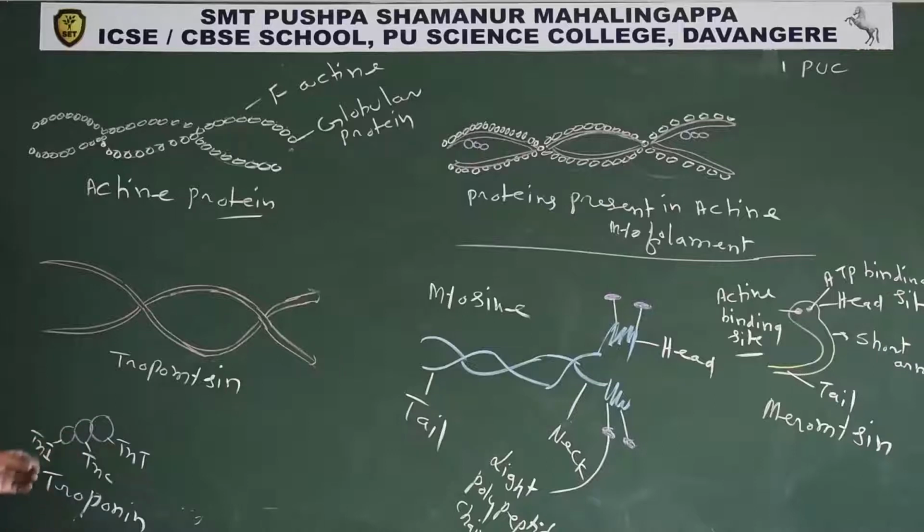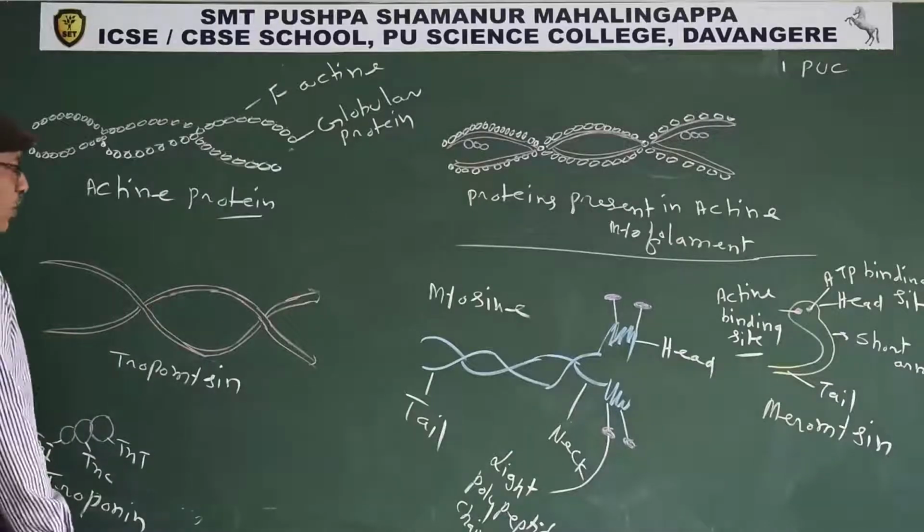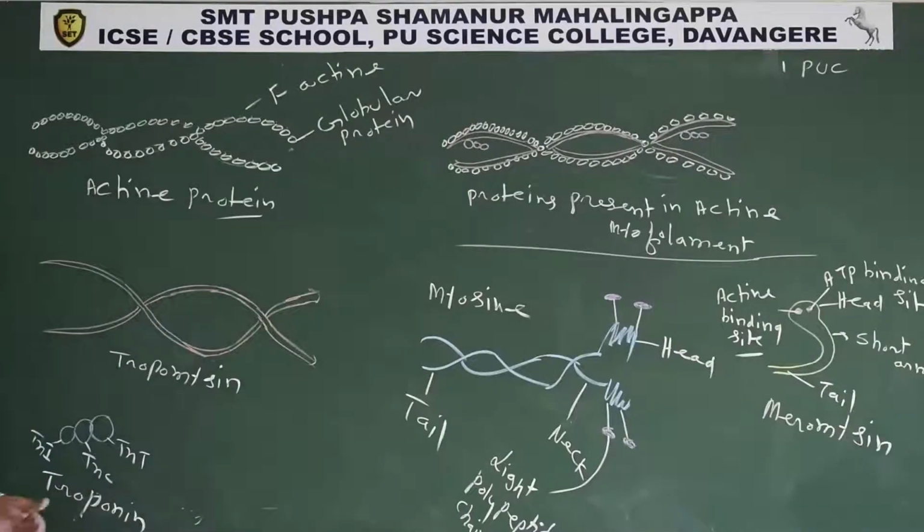The subunit of troponin to which calcium ions bind is known as troponin C.